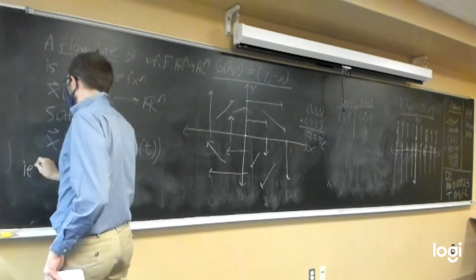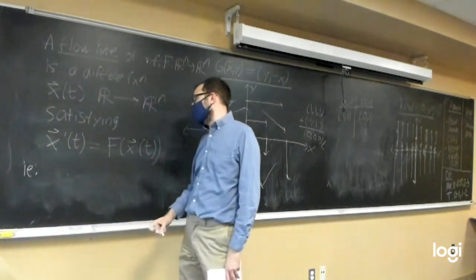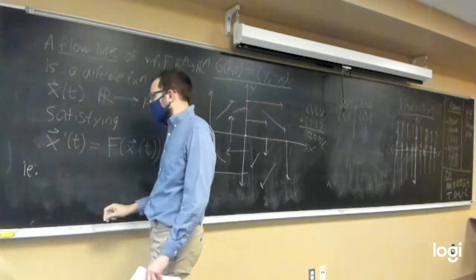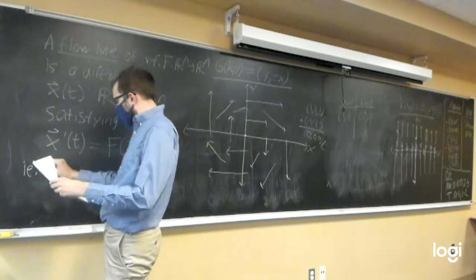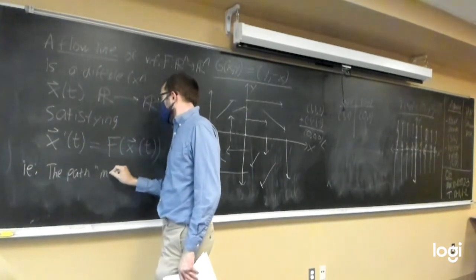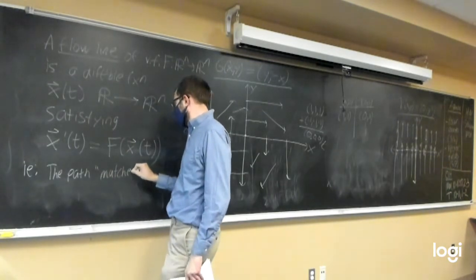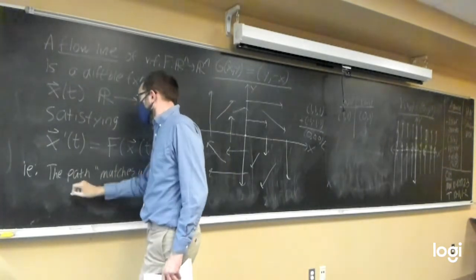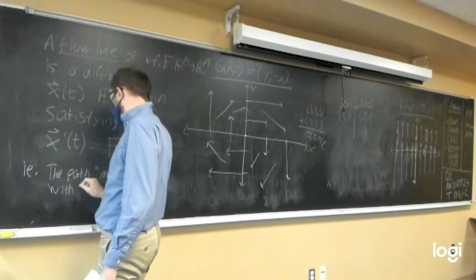And what this intuitively tells us, if x prime of t equals F of x of t, is that the path matches up with movement in the vector field.